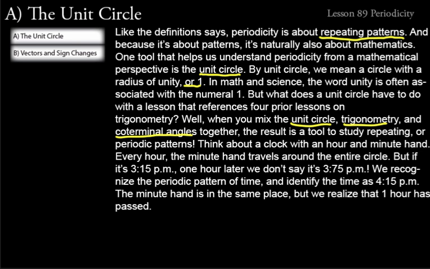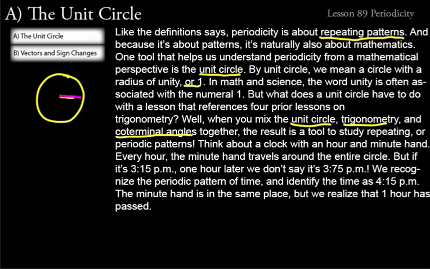So think about a clock with an hour and a minute hand. Every hour the minute hand travels around the entire circle. For example, if it was 3:15 p.m., we'd have a little hand right there representing the 3, and I can't really draw them overlapping, but the big hand would be there representing 15 minutes.